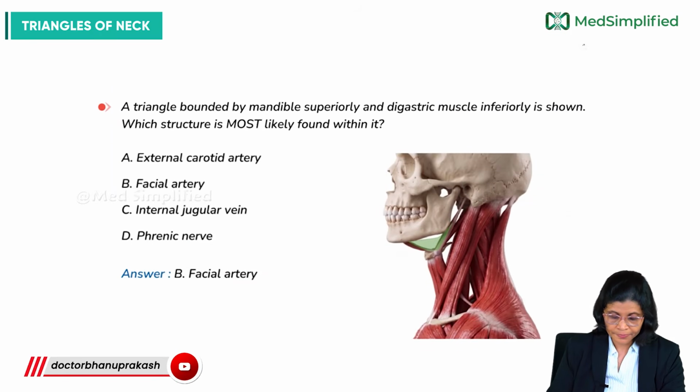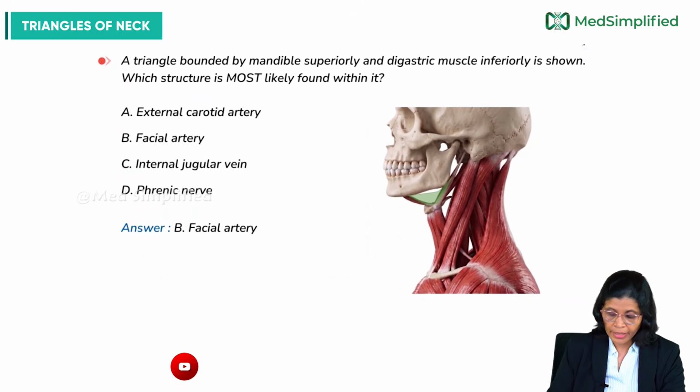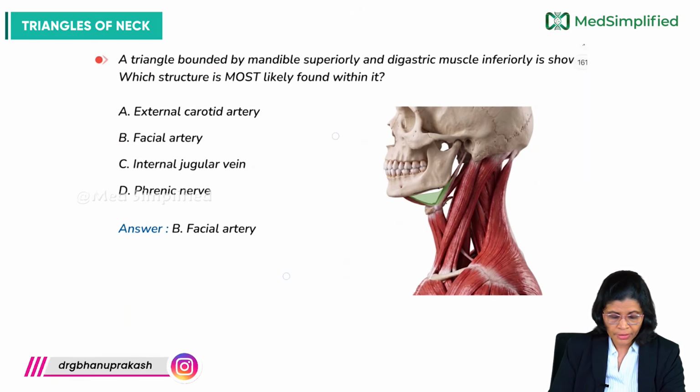Answer is B. A triangle bounded by the mandible superiorly and digastric muscles inferiorly is shown. Which structure is most likely found within it? There are many structures, so let's see among the choices which are more common.